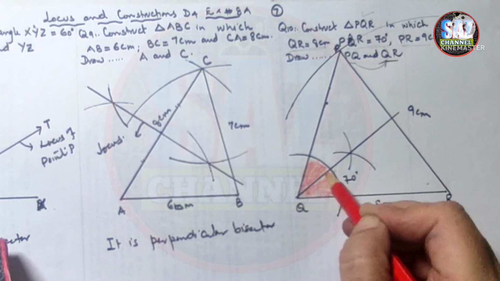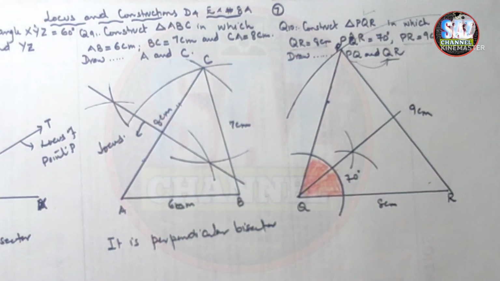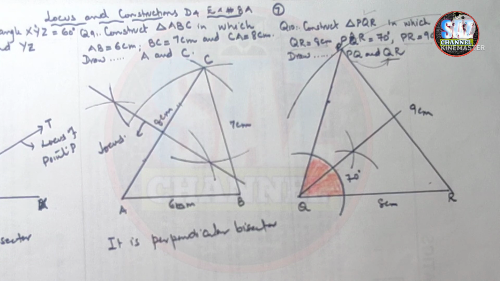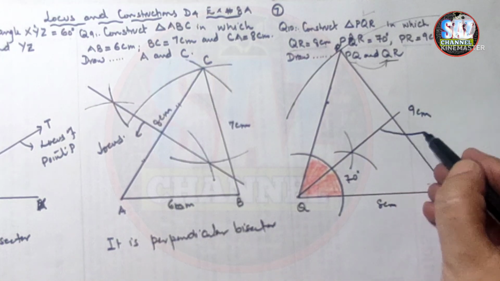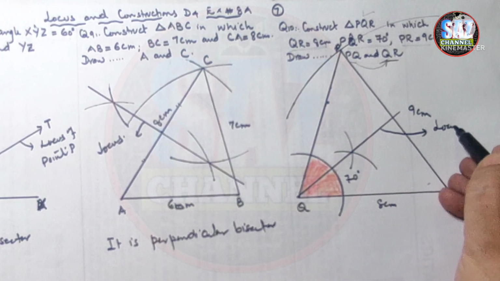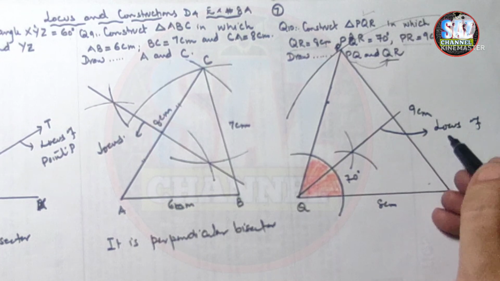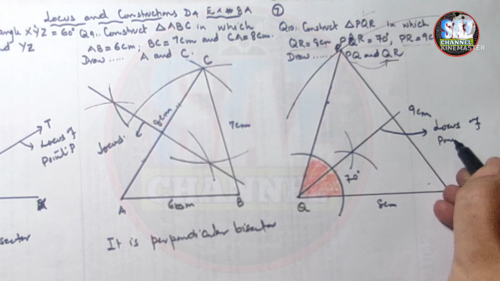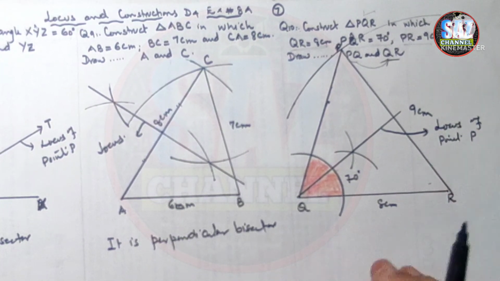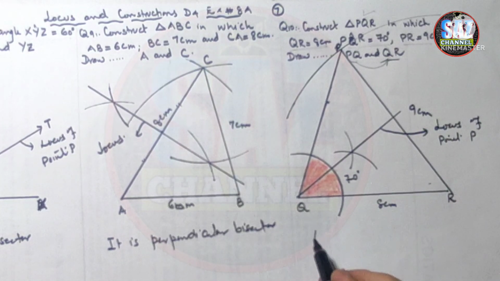And what locus is that? Locus of which point? They are not giving us the name of that locus, so we can write any letter. This is the locus of point P, and this is the angle bisector.